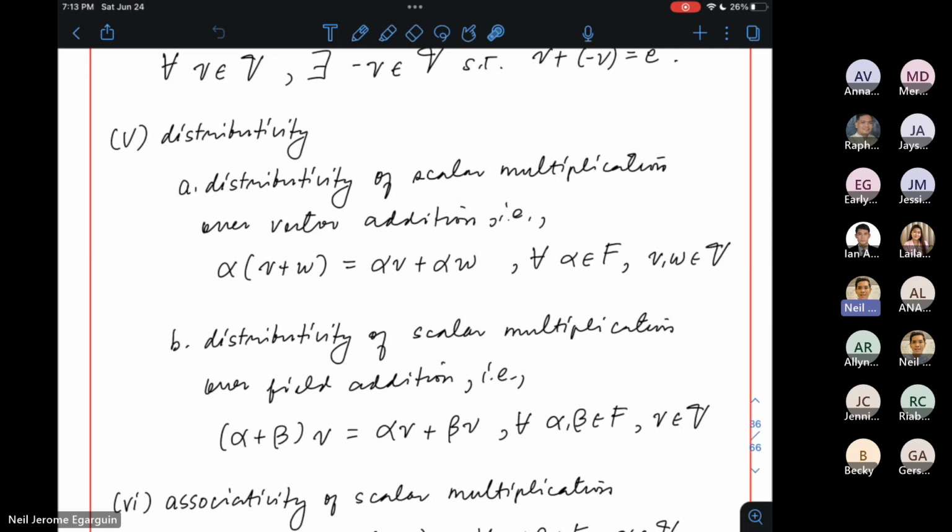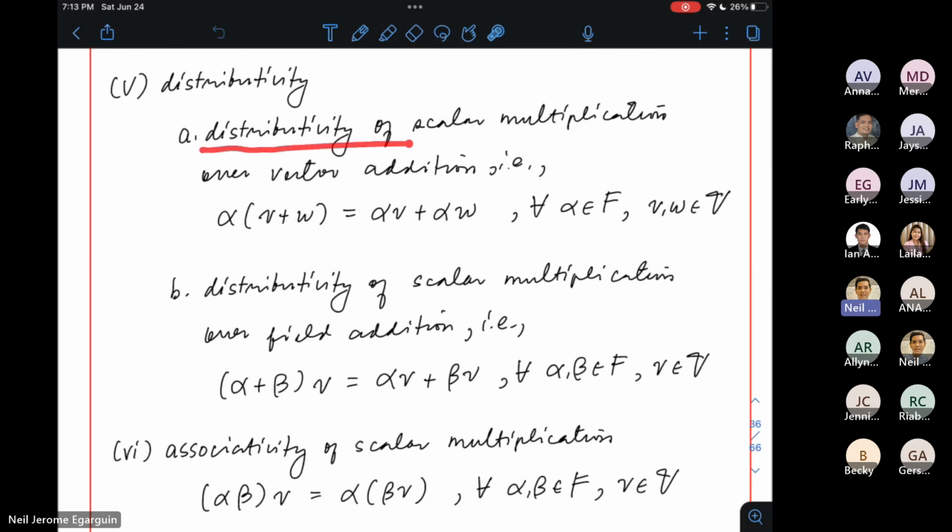All right? Una, dapat distributive ang scalar multiplication over vector addition. So if you are adding two vectors and decided to multiply a scalar to the sum, pwede mo raw siyang gawin, pwede mong i-distribute yung scalar multiplication sa loob ng vector addition. Alright?